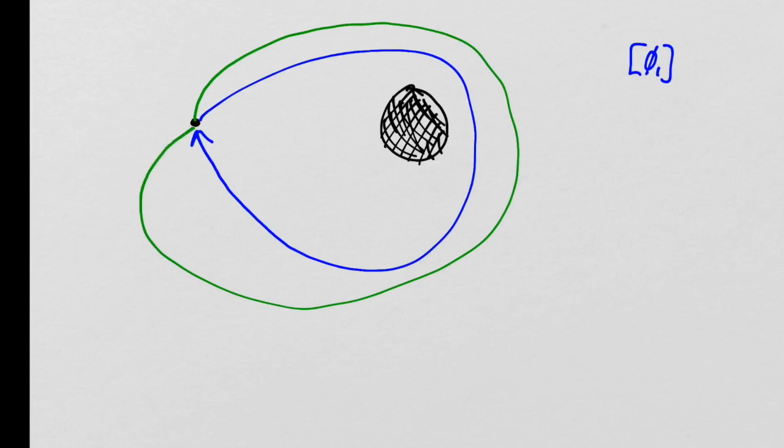So the green curve is also an element of the same equivalence class. So the green curve and the blue curve are both in the same equivalence class. The blue curve I'll call gamma, and the green curve I'll call lambda.